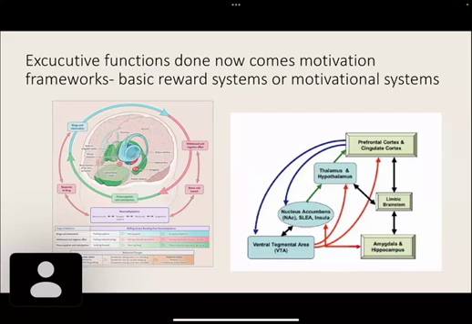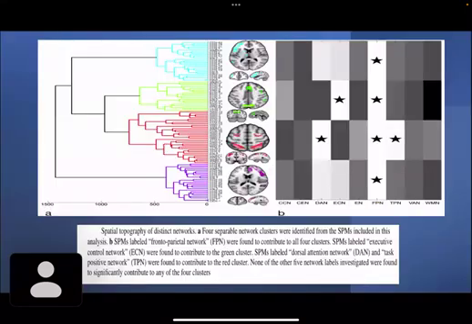So this is the executive function. The network of executive function is a combination of these brain areas. You see, this is a massive area. It combines almost all brain areas that we talk about.